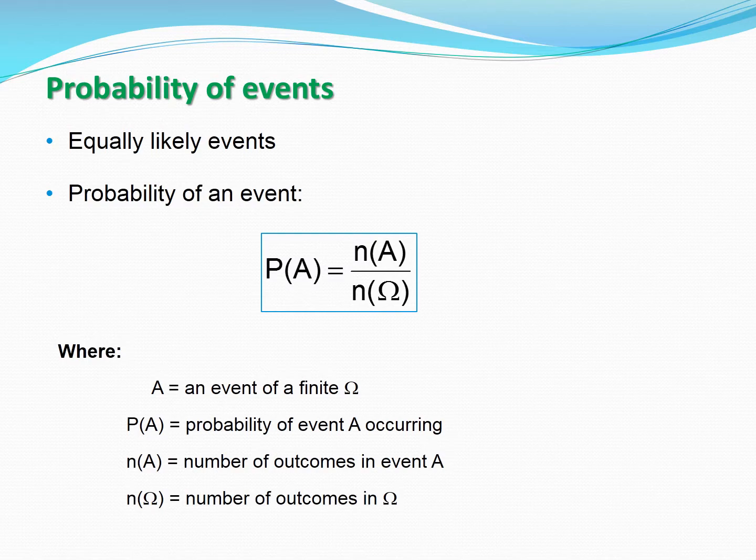But irrespective of whether you're working with equally likely events or not, this is the formula that we use to calculate probability for an event. So the probability of an event A is equal to the number of outcomes in event A divided by the number of outcomes in the sample space.